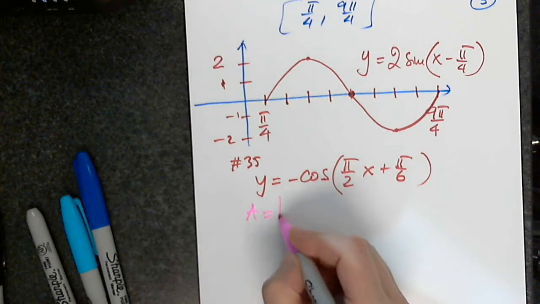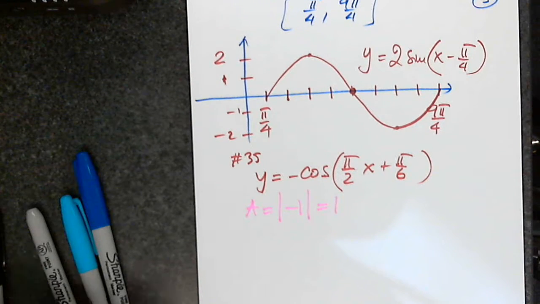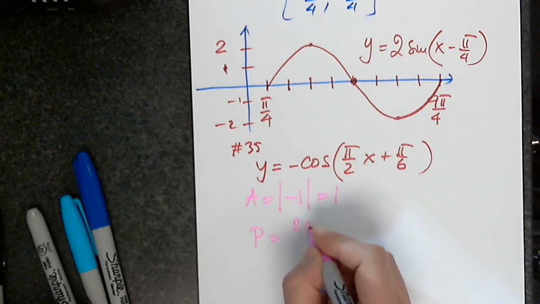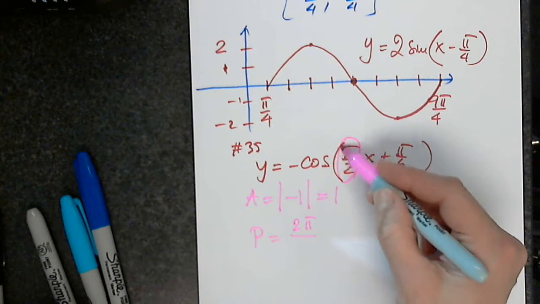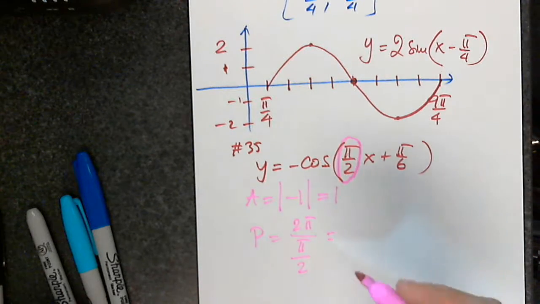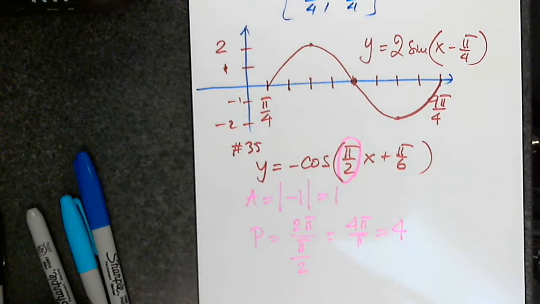So the amplitude is the absolute value of negative 1, which is 1, which means the function will not go beyond 1, will not go below negative 1. The period for cosine is 2 pi divided by the number that multiplies x. So divided by pi over 2, I have to flip that. So it's 4 pi over pi, which will be 4.